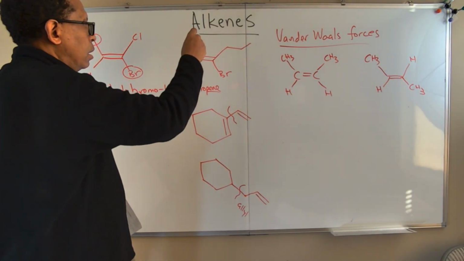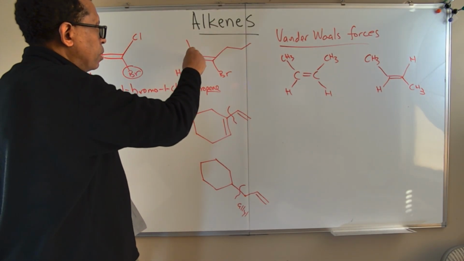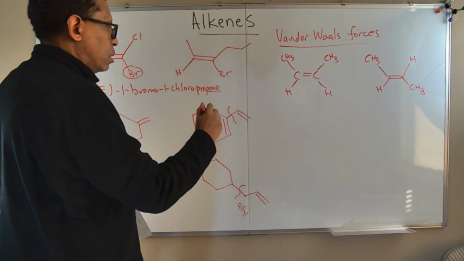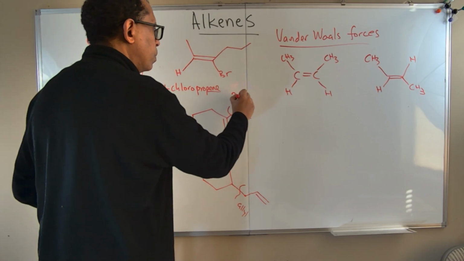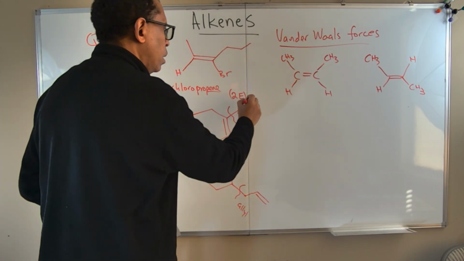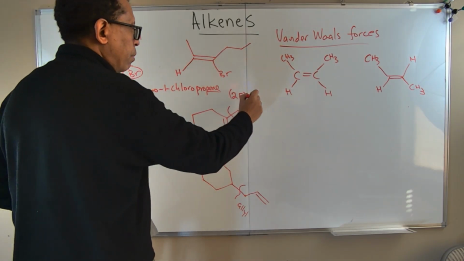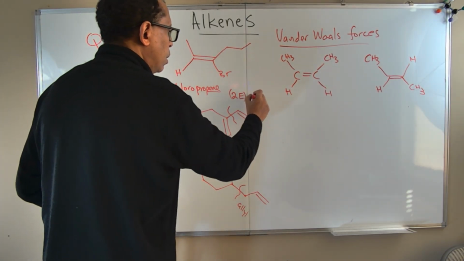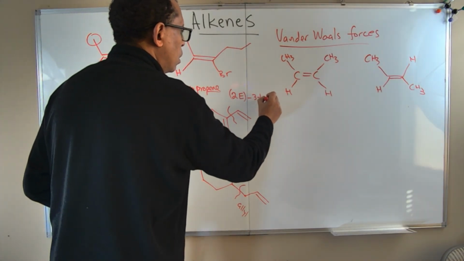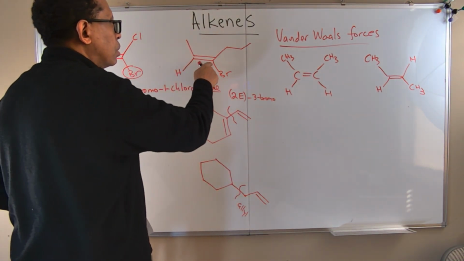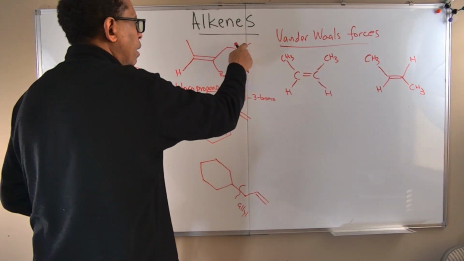The double bond is at 2 position, so it is a 2E. So it's called 2E, and at 3 we have bromo, 3-bromo. The rest is 1, 2, 3, 4, 5, 6.